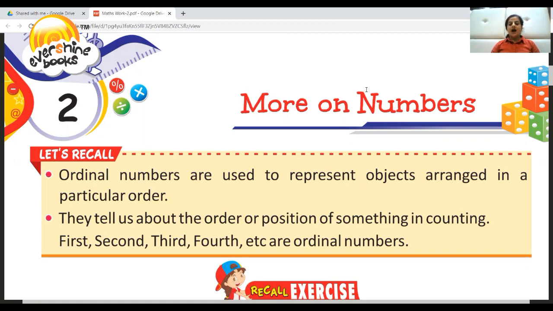Ordinal numbers are used to represent objects arranged in particular order, as if you are standing first in your class. When ma'am has told you to make a queue, you are first. The other student who is your friend is standing second, third, fourth, fifth, and so on.